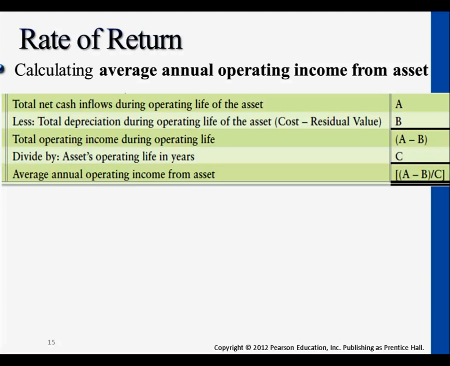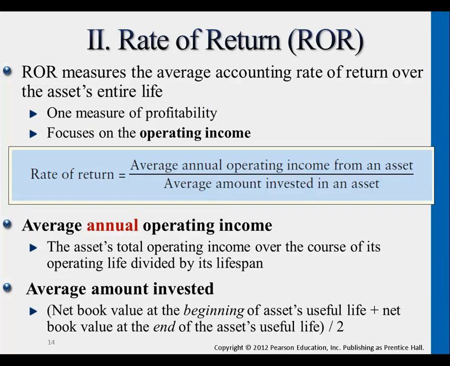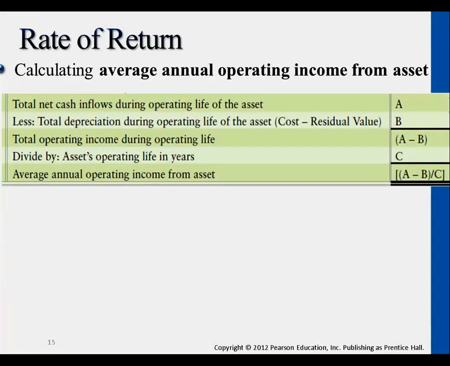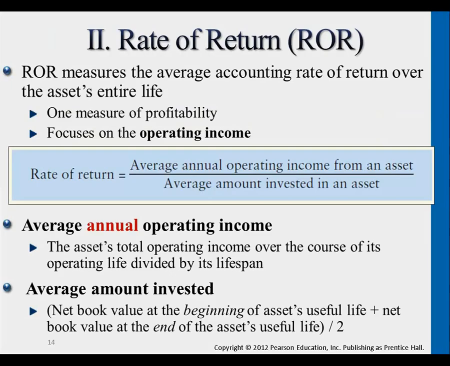Therefore we get total operating income during the lifespan of the asset. And then next we take the asset's operating life in years, like we said. It might be 12 years, it might be 6 years, whatever that lifespan is.